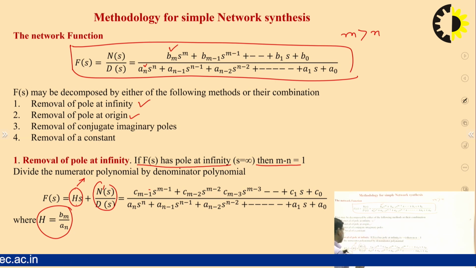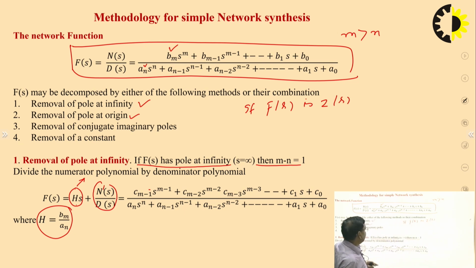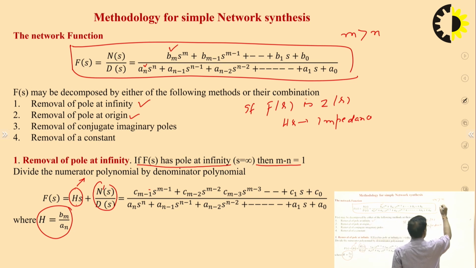Suppose this network function F(s) is an impedance, Z(s). It means this H(s) is also an impedance. We know that XL is equal to j omega L, or we can write sL.